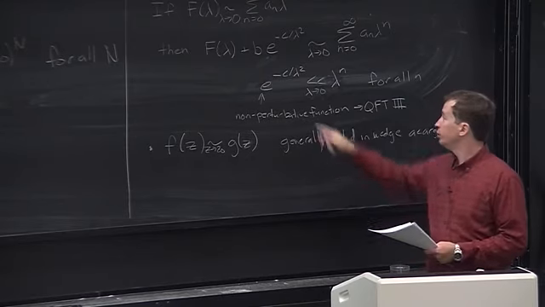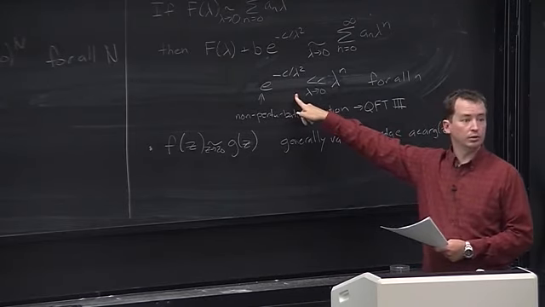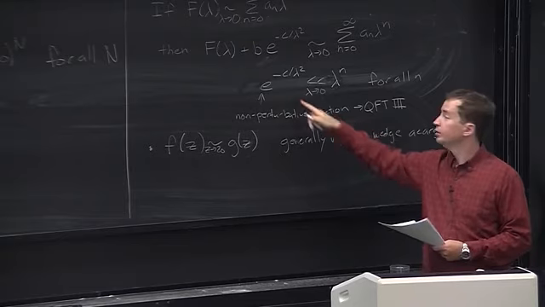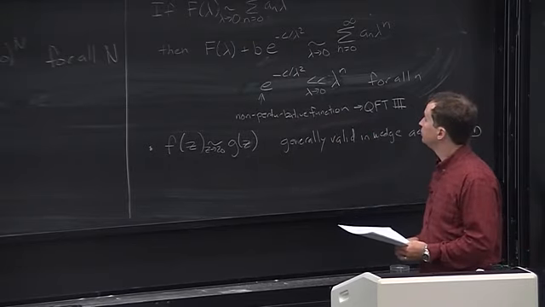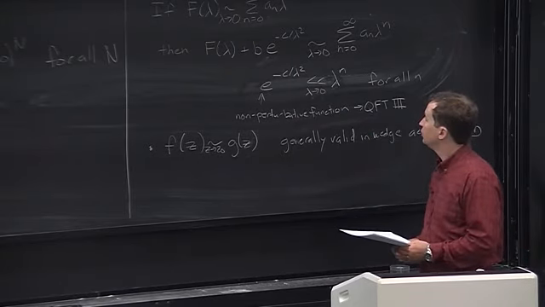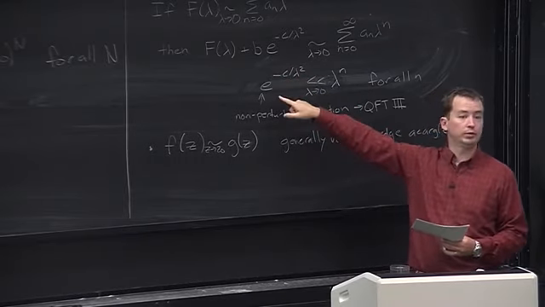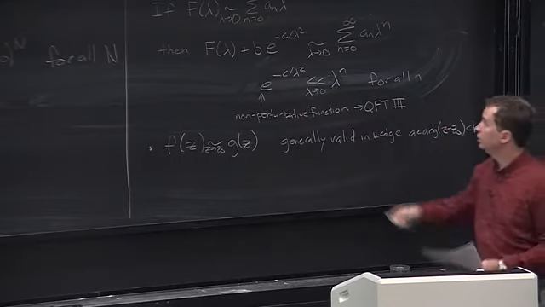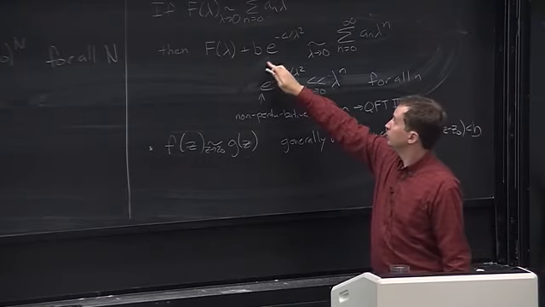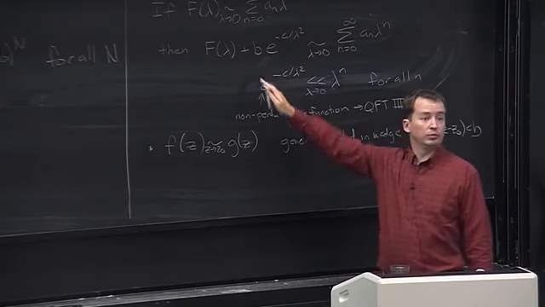That won't be true if we take lambda to be imaginary. Then we'd flip the sign here, and this would blow up. And so this would change the asymptotics.